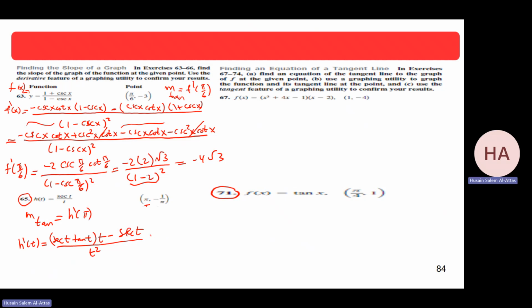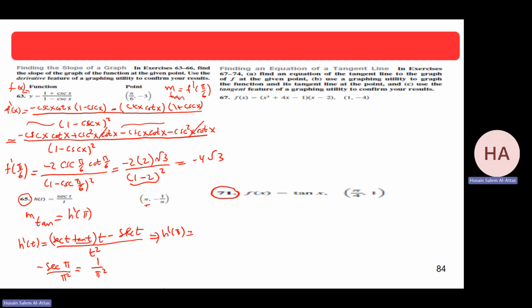I think it's better here to just substitute. Why? Because I know tan pi is 0, so that will make it easier for me. So h prime of pi is minus secant pi over pi square. Secant pi is minus 1, so that will be 1 over pi square. That's it.